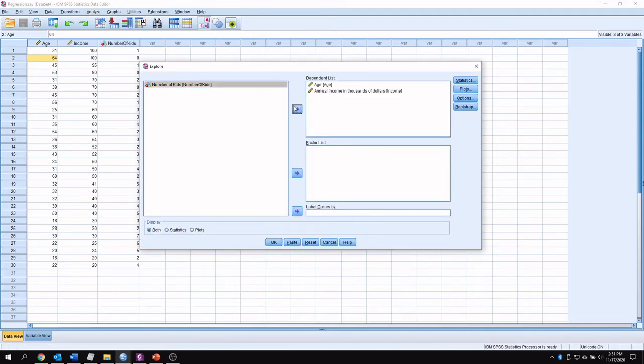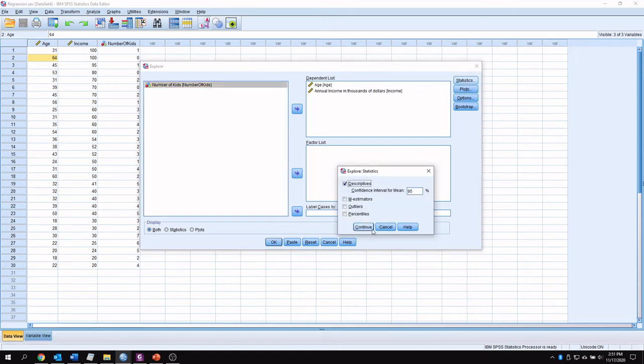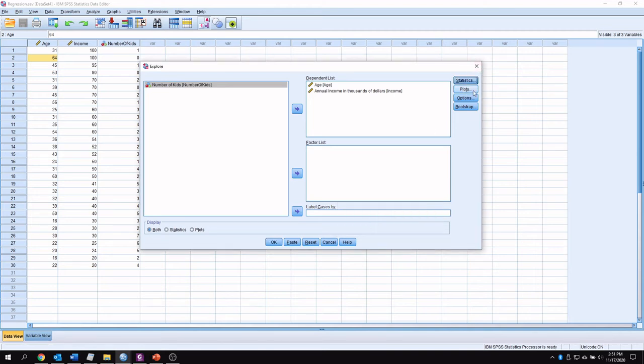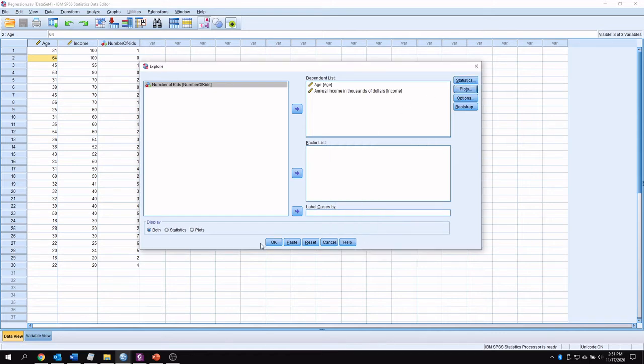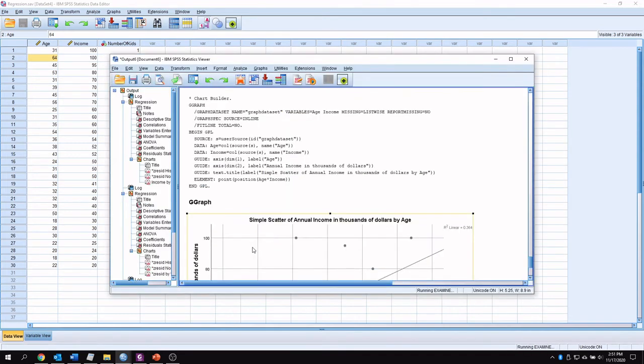Just pull over your two data points of interest, age and annual income. We'll stick with descriptives there. You can click outliers as well if we want. And we're going to look at a histogram. So we click OK.